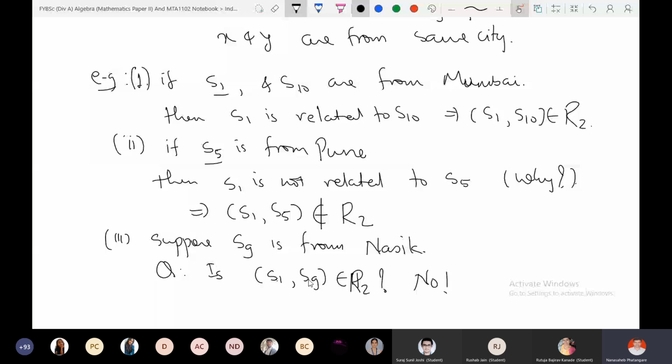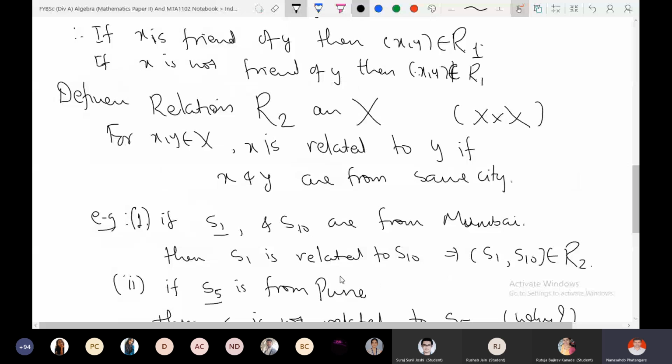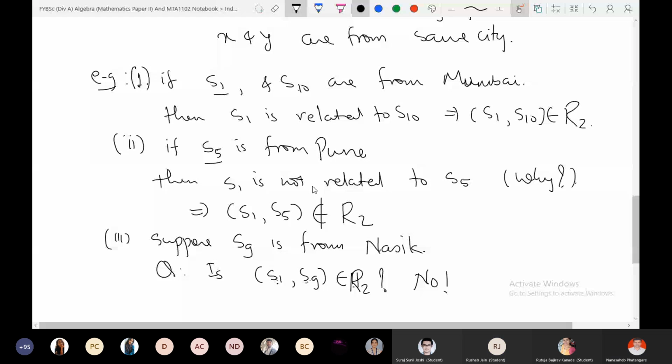But what is my relation? The same city is my relation, but S1 and S9 are not from the same city, so this pair cannot be in R2. So that is the meaning of relation. Now you understand the meaning of relation. So from the same set I can have different relations. On the same set I can have different kinds of relations.